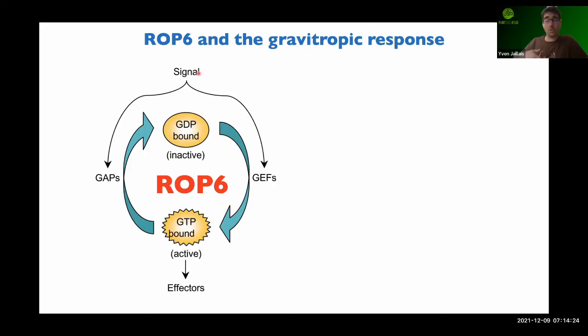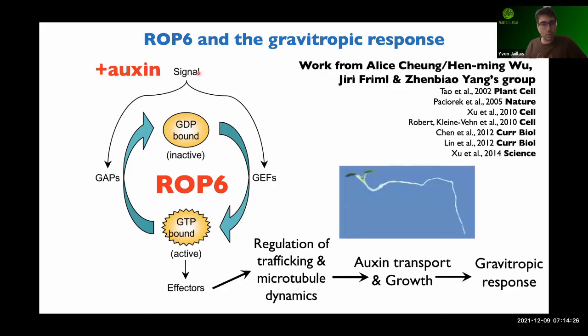And in the case of the root response to gravity, it was published before that auxin is one signal that is very important that can trigger the activation of ROP6. It is unclear how this is regulated, but upon activation, there is regulation of intracellular trafficking and microtubule dynamics that contribute to the regulation of polar auxin transport and also of the dynamics of the growth response to gravity.